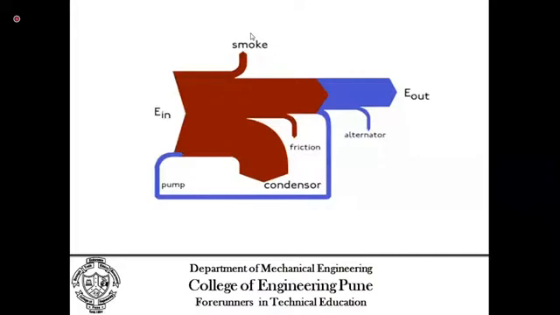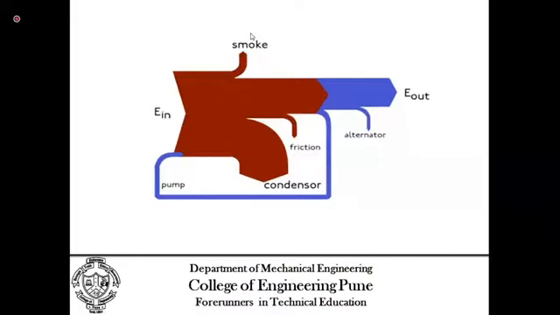Obviously, whenever there is some heat source which is available at high temperature as compared to the surrounding temperature, as we know, there is a possibility of a heat engine which will be used to make some power. The question is whether we can go with such a type of system.